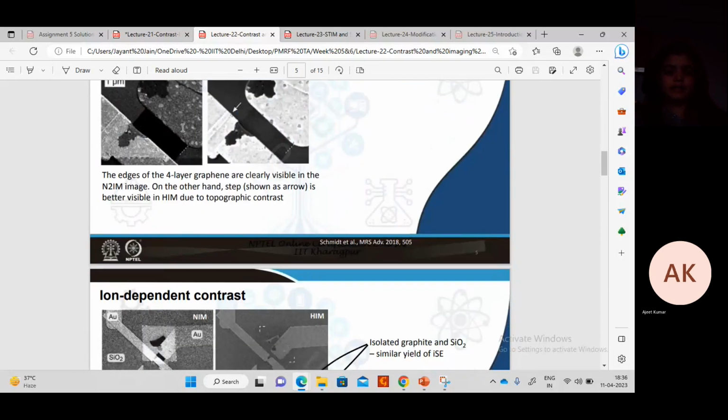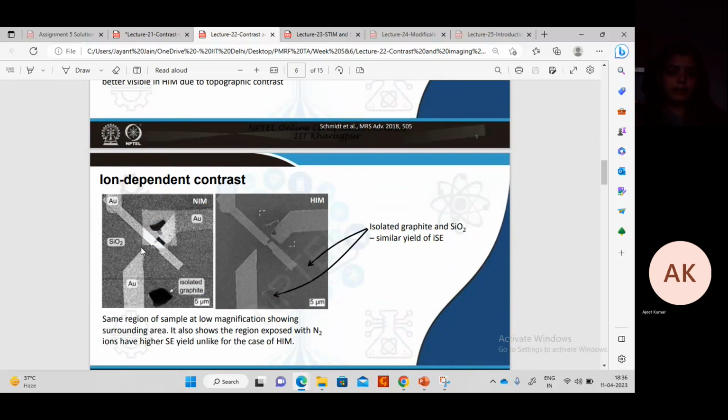And as I was telling, beam damage will happen in the case of the nitrogen ion microscope compared to helium. Even though the interaction volume and penetration depth are smaller in nitrogen, it will destroy the sample because it has higher energy compared to helium.